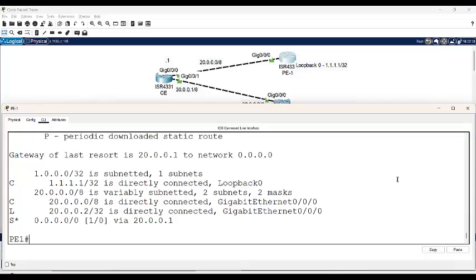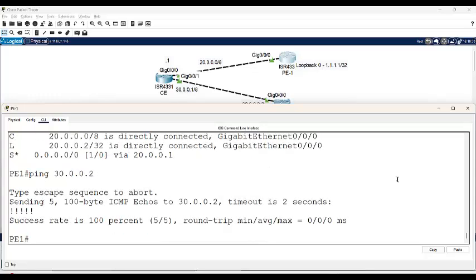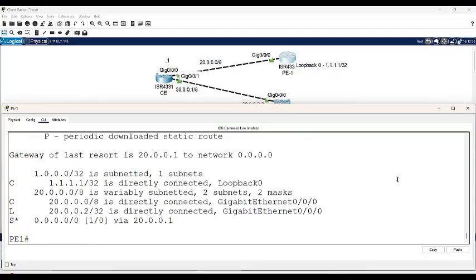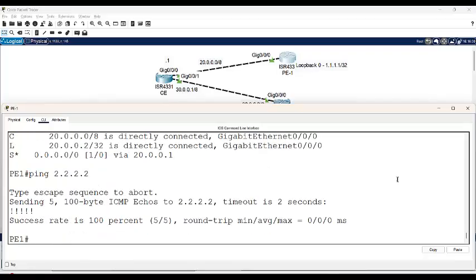What are the networks that this router does not know? Answer: 30 and, now you see, I'm going to ping 30.0.0.2. What are the other networks that it does not know? 2.2.2.2. Correct? See, for both, I'm able to reach with one any.